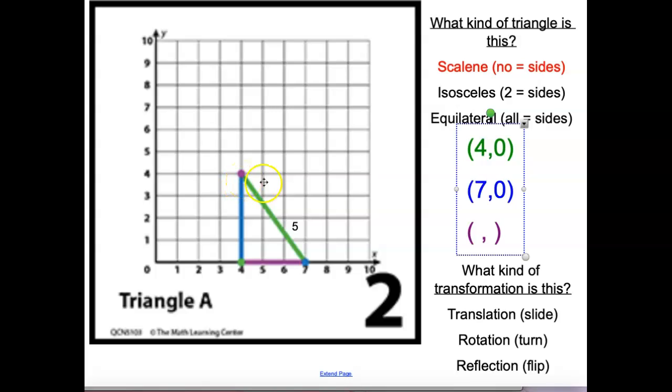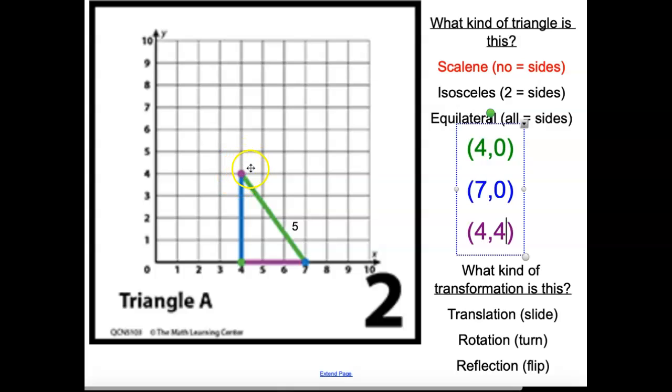What are the coordinates of our purple point? Well, let's think. How many would I have to move over to get under that purple point? How many spaces would I have to move over? 4. Very good. How many spaces do I have to move up to get to the purple point? Also 4. Very good.